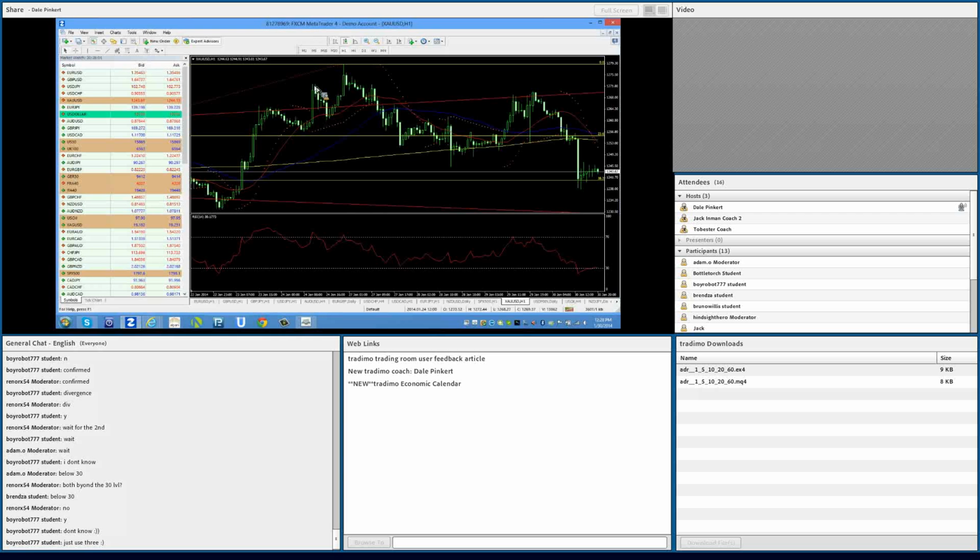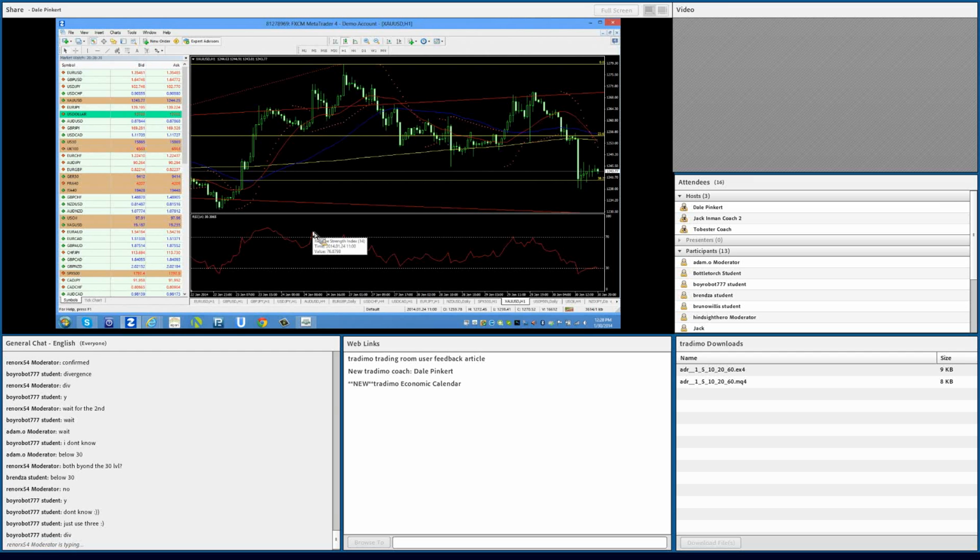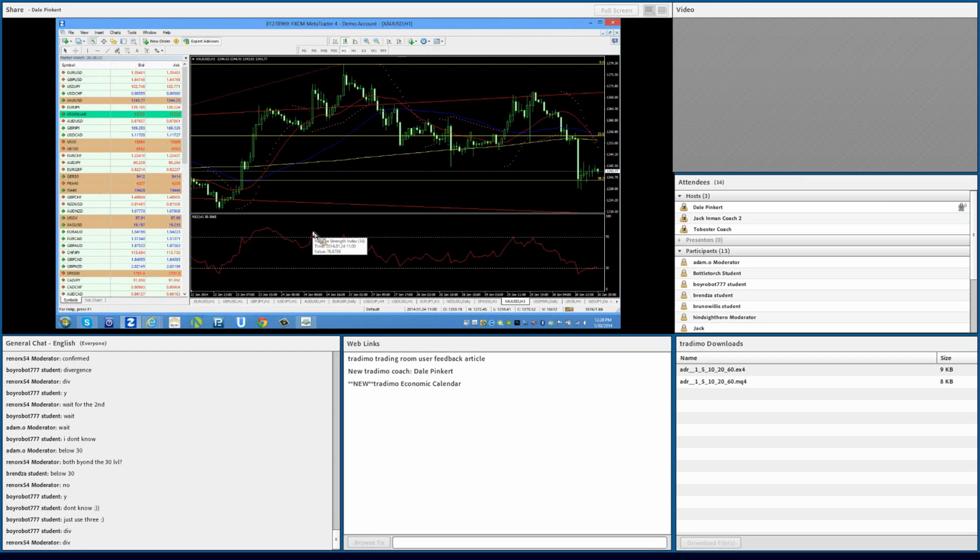Here's your second. RSI reading under 84. So this is what kind of high? Is this a confirmed high or a divergence? Okay, but it's only your first one. So we had a pullback.